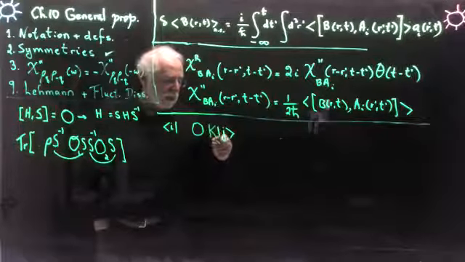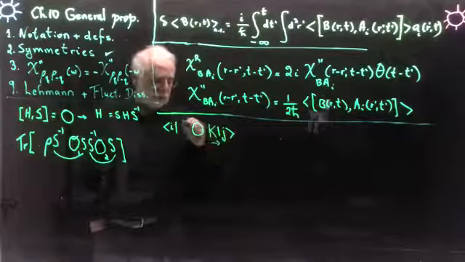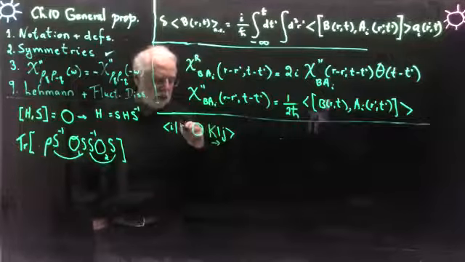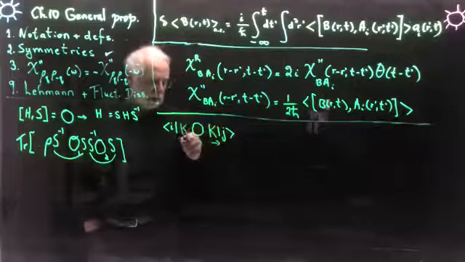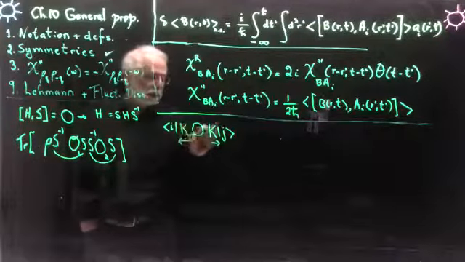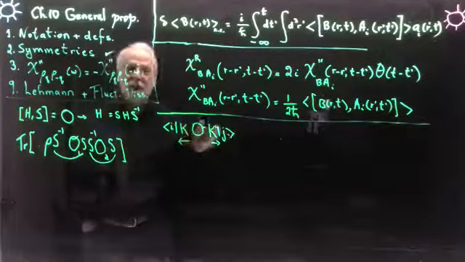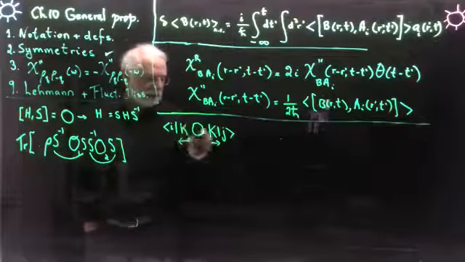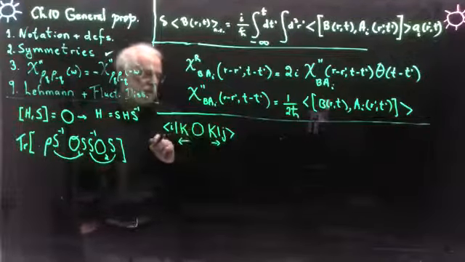I need to do complex conjugation of this, and I call complex conjugation K. The arrows tell me where it applies. Contrary to the usual Dirac notation, it does not apply on either side; it applies to this and to that.